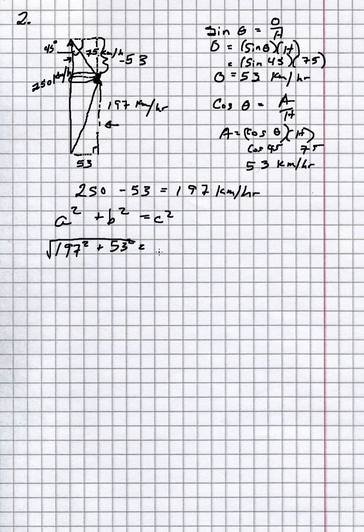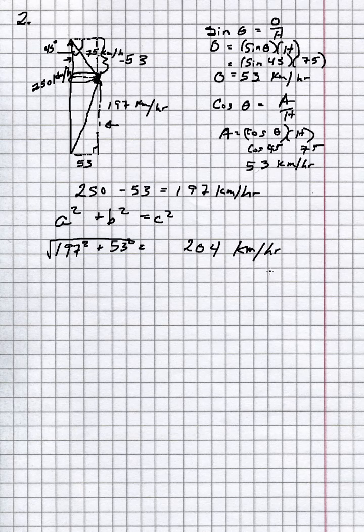That gives me 204.00, so we're going to round that off to 204. With two significant figures, we could round this to 200. So we've got 204 kilometers per hour.